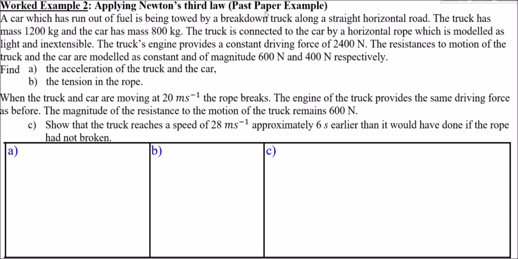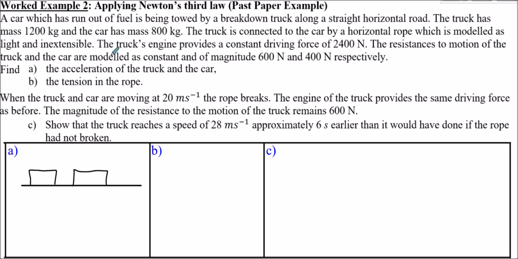We've got a straight horizontal road, so we can just draw in a sketch of a road like so. And we've got a car, so I'm just going to do this as a rectangle, then a truck, like so.